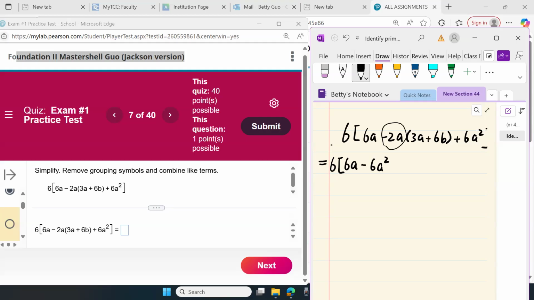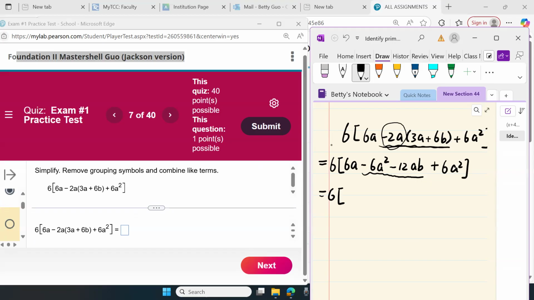And -2a times 6b, -12ab. And this part becomes -6a squared minus 12ab. And bring down 6a squared.